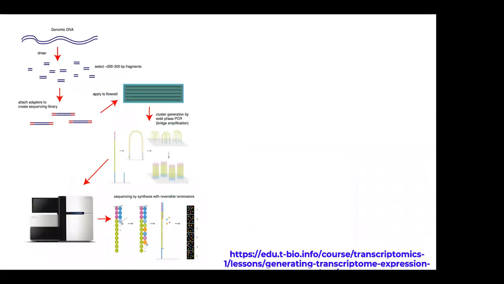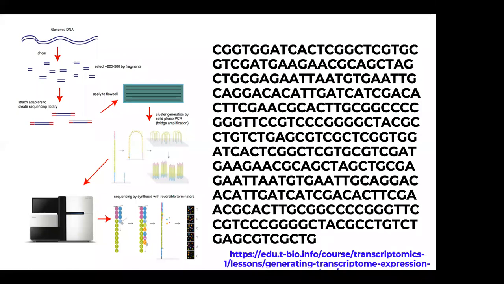NGS technologies capture DNA sequences that we know and generate digital data using several steps. In the link shared with this image, you can read more about it. But to give you a brief understanding, first RNA was extracted from cells, and then it was converted into cDNA.